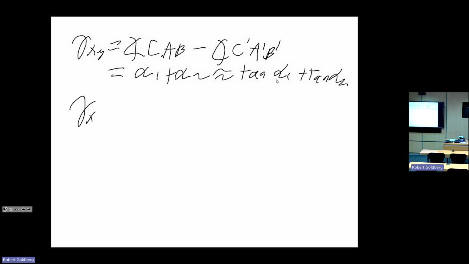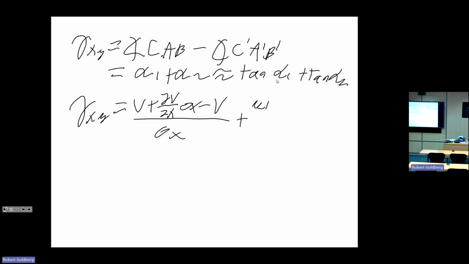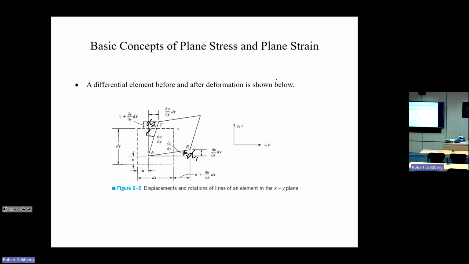So when we do all this, we can say that gamma xy is equal to v plus dv dx times delta x minus v, divided by delta x, plus u plus delta u delta y minus u, divided by delta y. And where we get these is related to these various figures here.